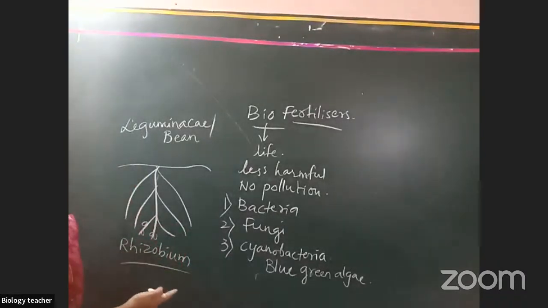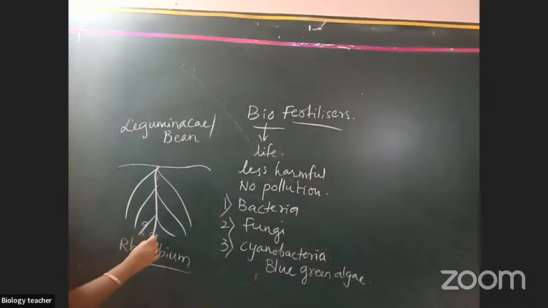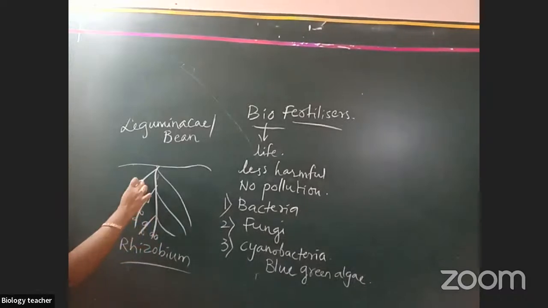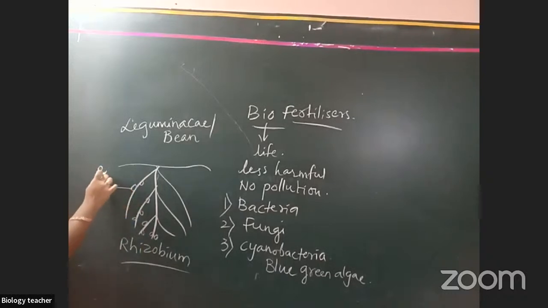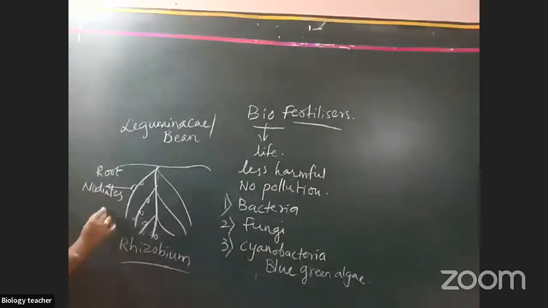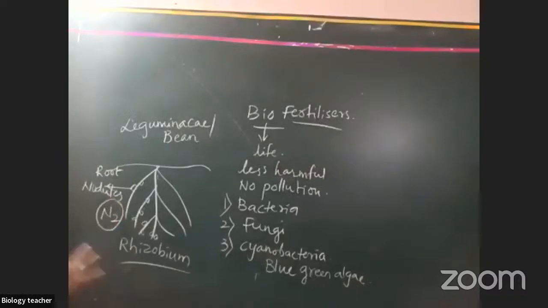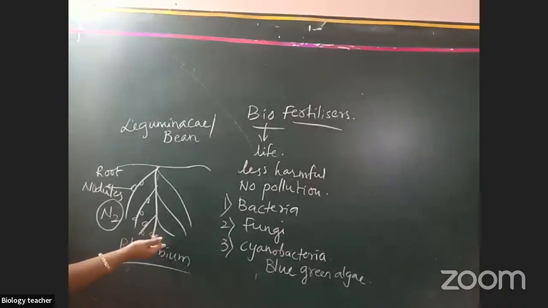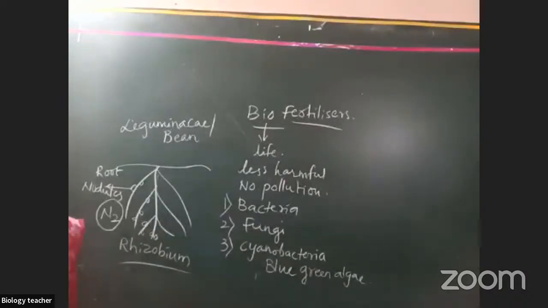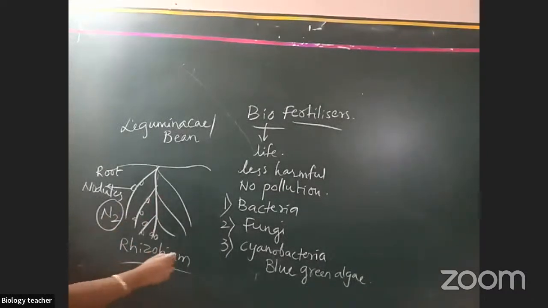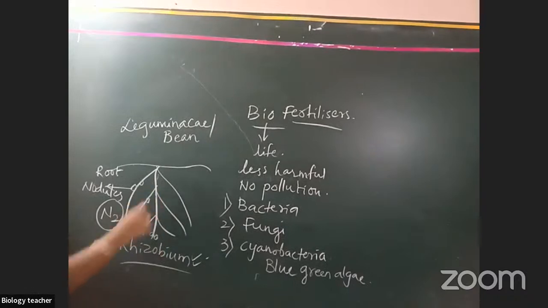The rhizobium present inside the soil forms root nodules and fixes nitrogen in the roots, and from the roots it is taken upwards for plant growth. So what is it doing? It is giving fertility to the plants by fixing nitrogen in the roots. Rhizobium is a type of bacteria.